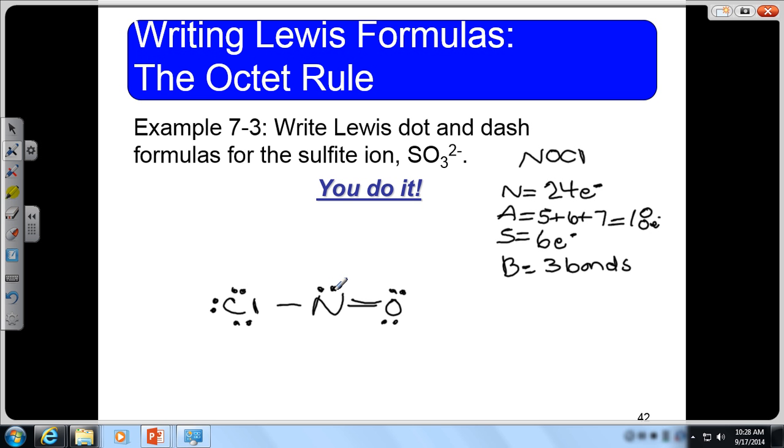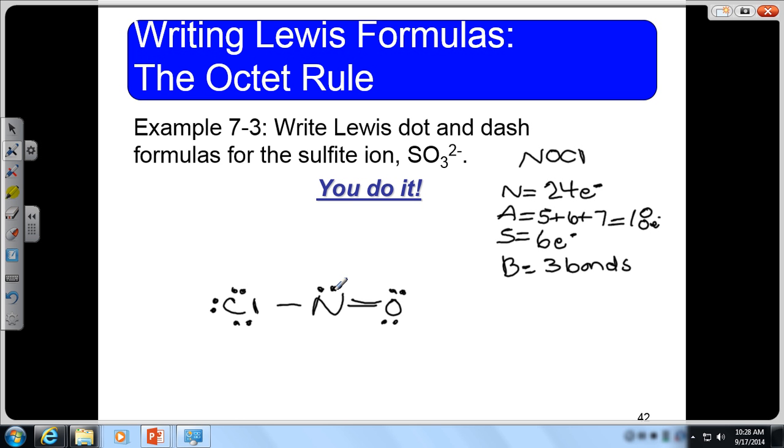But I'm going to show you real quickly. One thing you can remember is that halogens, so chlorine, are in group 7, so it just needs one more electron to be like the nearest noble gas. So most times, it really is just going to have a single bond. But you can also calculate this if you run into an error.